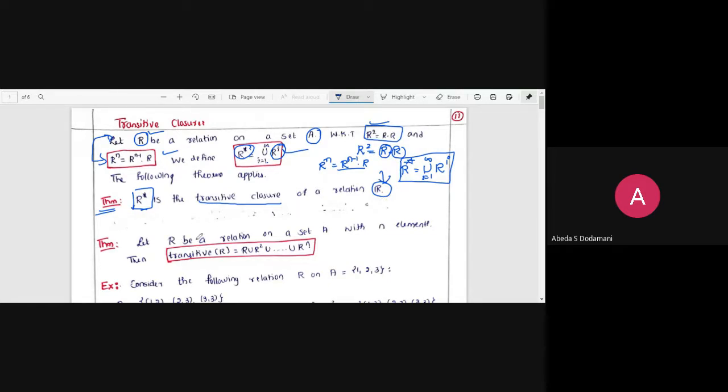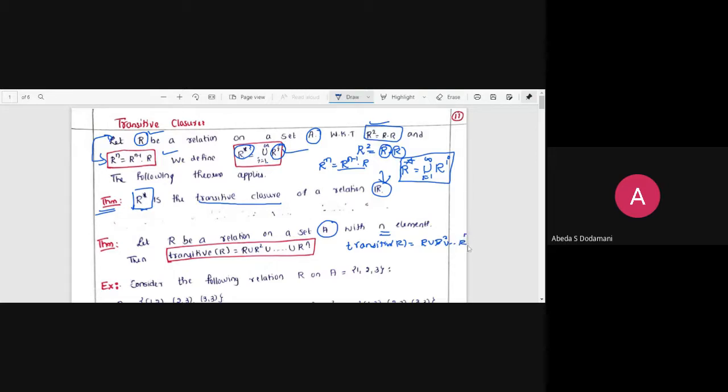Similarly, if R is a relation on the set A with n number of elements, then please remember, the transitive closure of R is equal to R union R square union up to R to the power n.